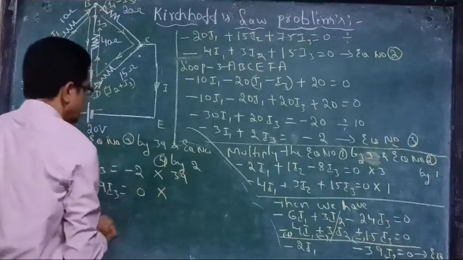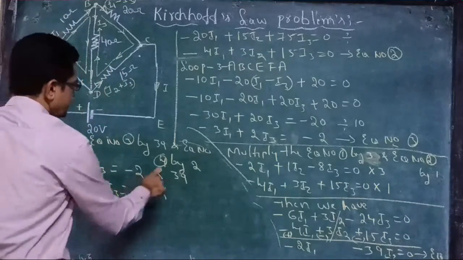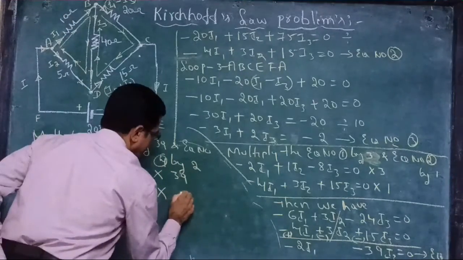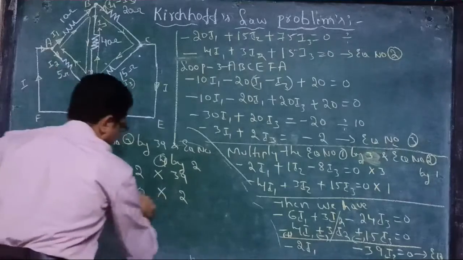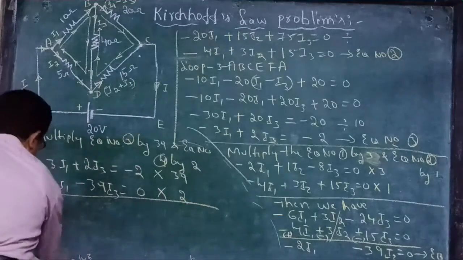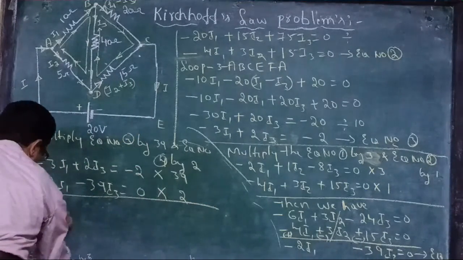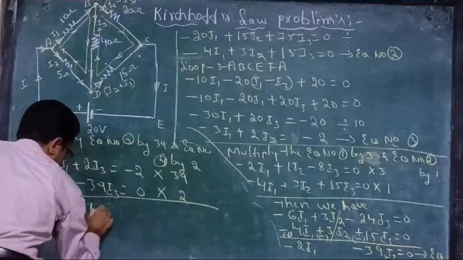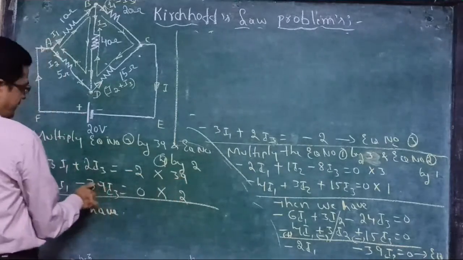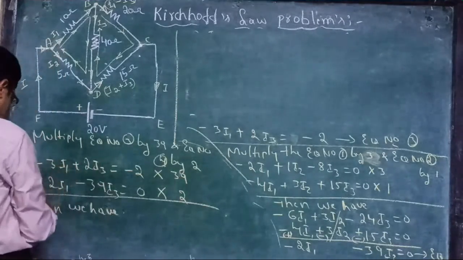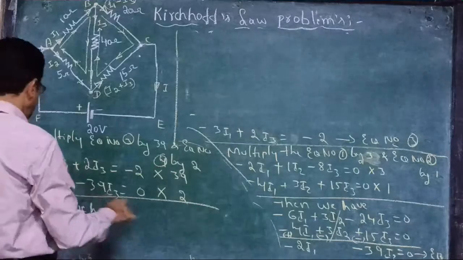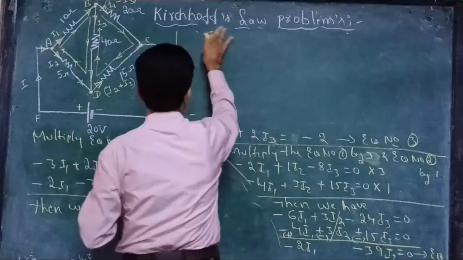This equation should be multiplied by 2. So then we multiply 39 into 3; 39 into 3 means 117.